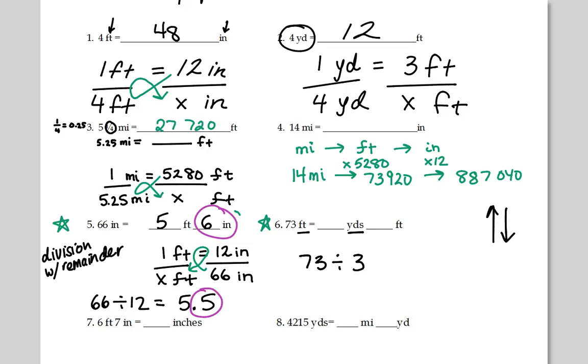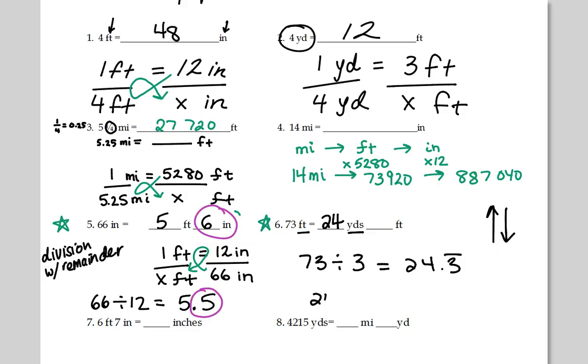I don't really want to count this many times, so I'm just going to use my calculator. What's 73 divided by 3? 24.3 repeating. So for sure there's how many yards? 24. That's the perfect whole number.